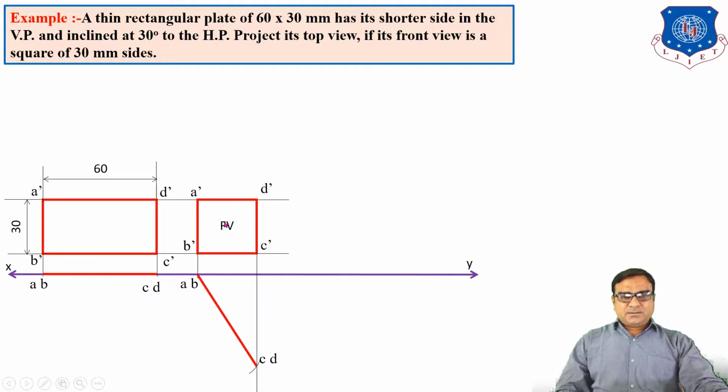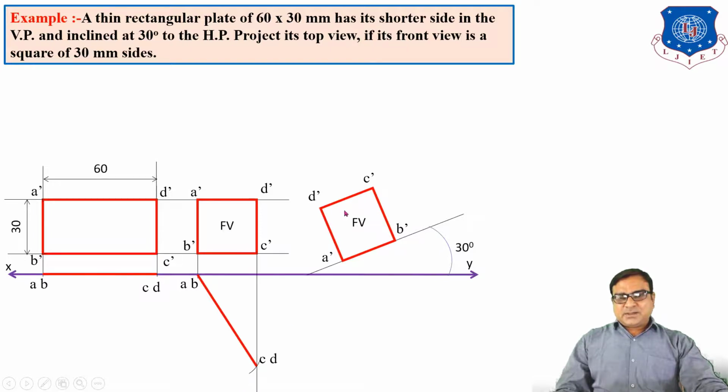The front view becomes a square. Now here in the data we want the side which is in VP to be 30 degrees to HP. So which side is in VP? AB is in VP. But here in the front view you can see A dash B dash is perpendicular to HP. So redraw this square again in which A dash B dash will be on this line, which is inclined 30 degrees to HP. First put the A dash B dash points and then draw the other points C dash and D dash.